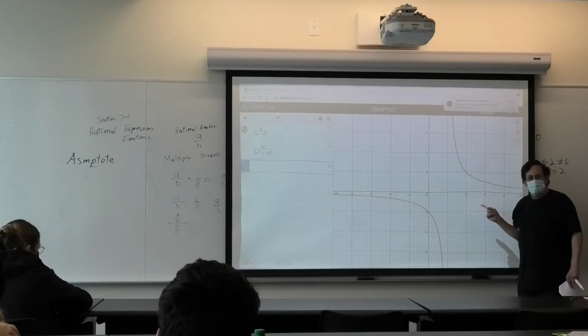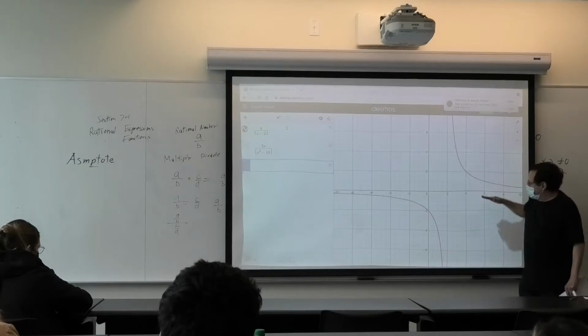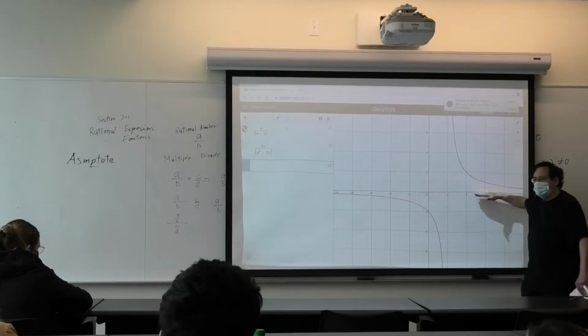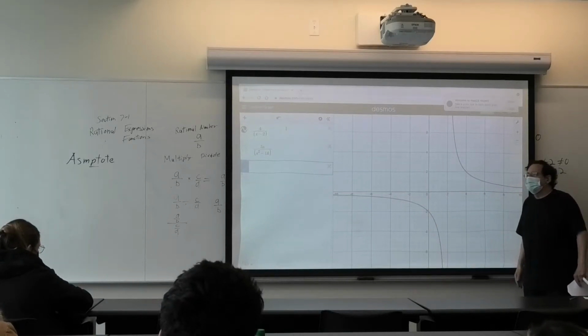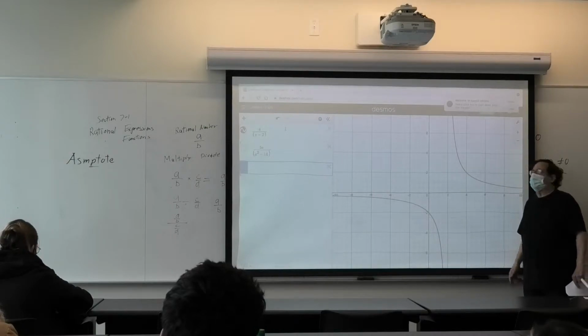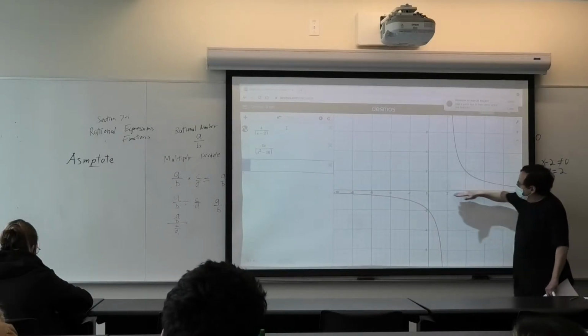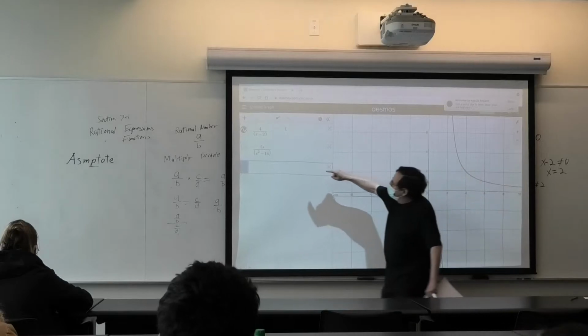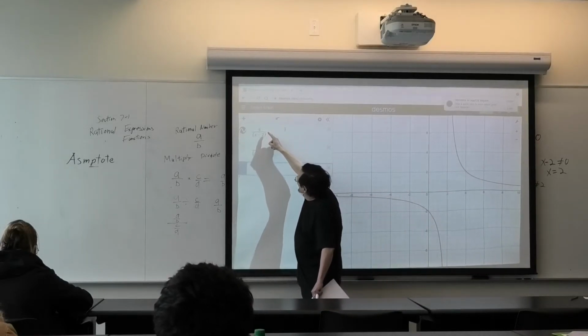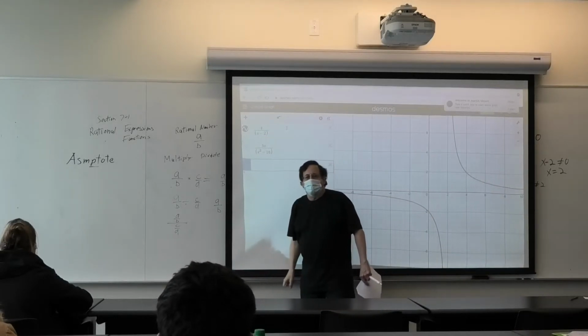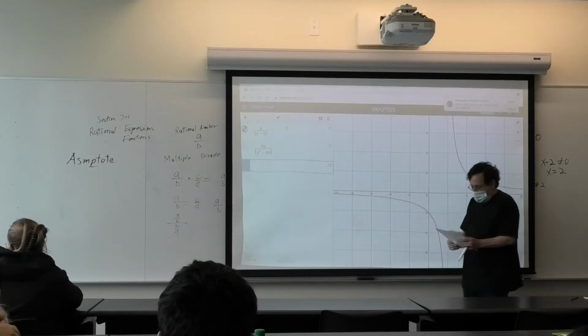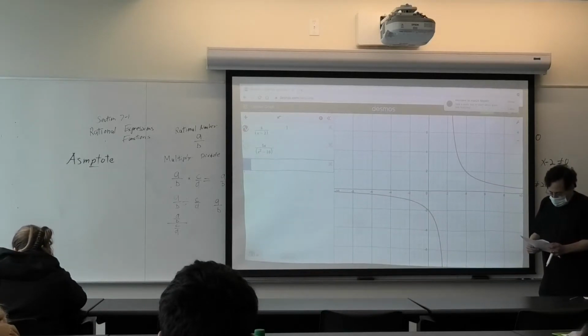Does everyone see what that is? That's actually where the asymptote is. 0? 0, I heard that. Yes. We can't evaluate 4 over x minus 2 and get 0.